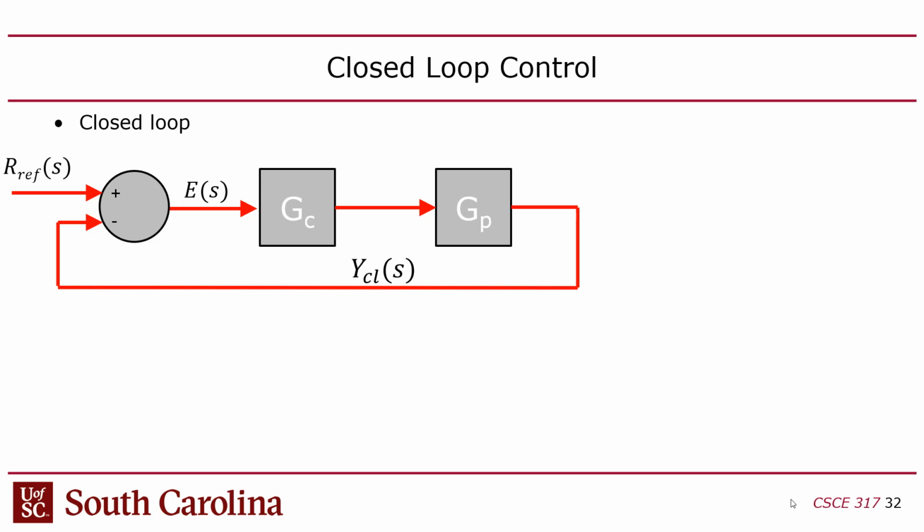Well, the way you do it is you look at this variable YCL. This stands for the closed loop response. This is actually going to be the process variable from the plant, meaning what you're reading from your sensor in the plant. And this signal, which is unlabeled, is going to be the manipulated variable.